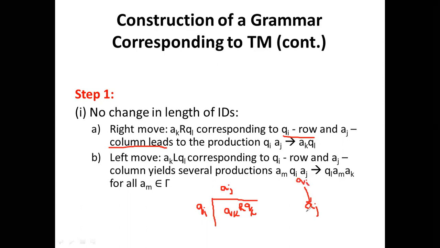A_j is replaced by A_k, the read-write head is moved to the right side, and the state is Q_l.